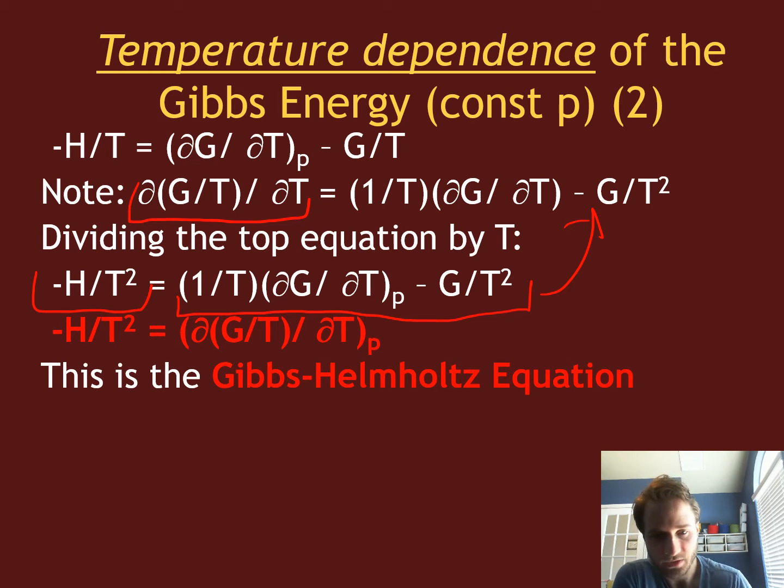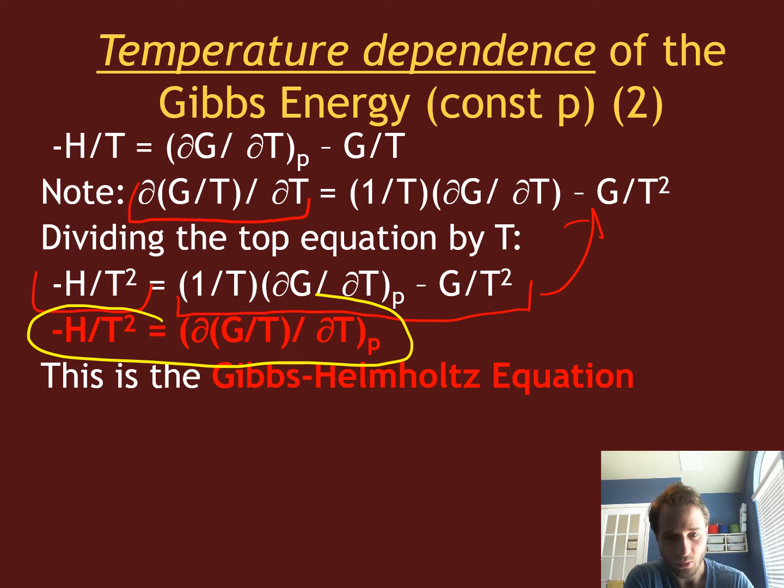And so we get this relationship, which is called the Gibbs-Helmholtz equation, relating how Gibbs free energy changes with temperature under constant pressure and how it's related to enthalpy.